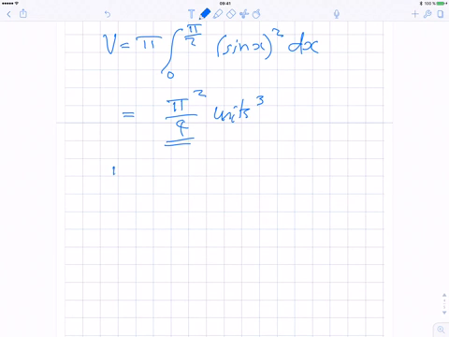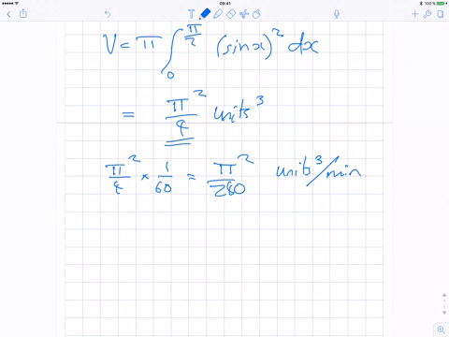So it's units cubed per min, and that was 6 marks for everything. That's what I was talking about.